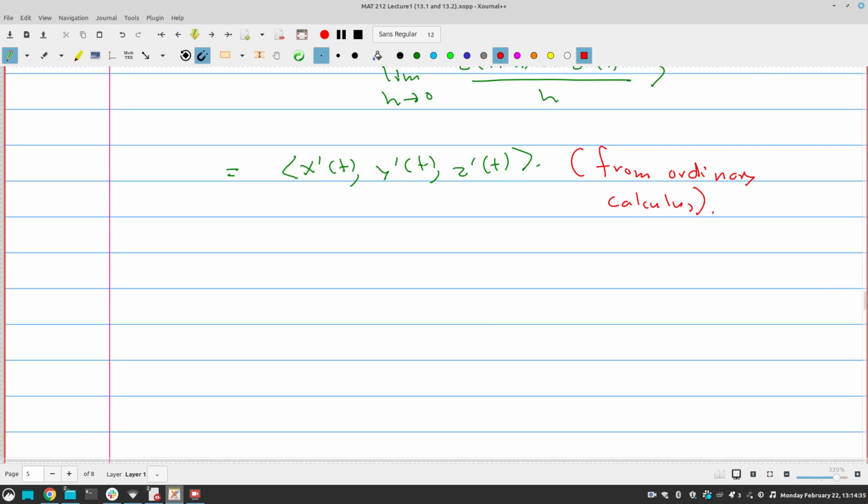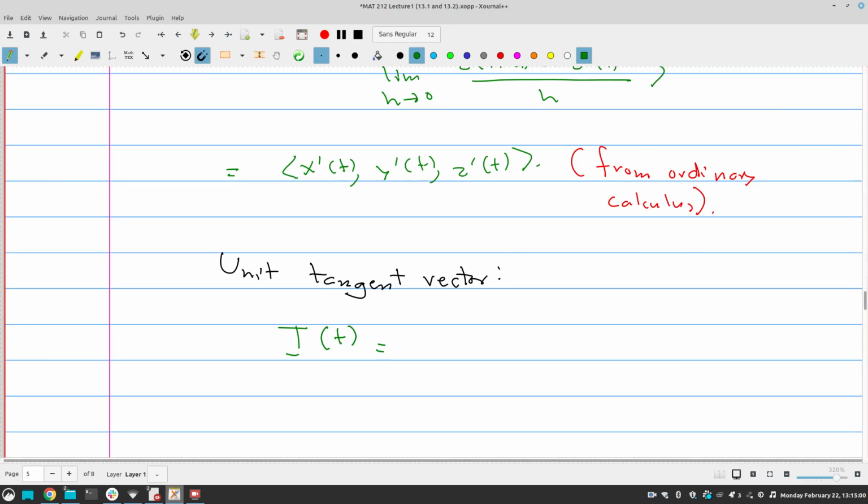The unit tangent vector, let's call it T at t, is equal to the tangent vector r prime of t divided by the magnitude of r prime of t.